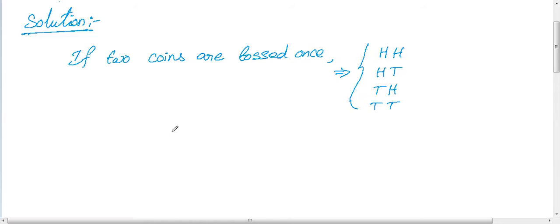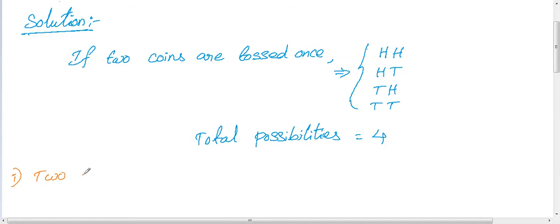So the total possibilities are 4. We need to find the probability of getting two heads. So how many are there? Only one situation is there.